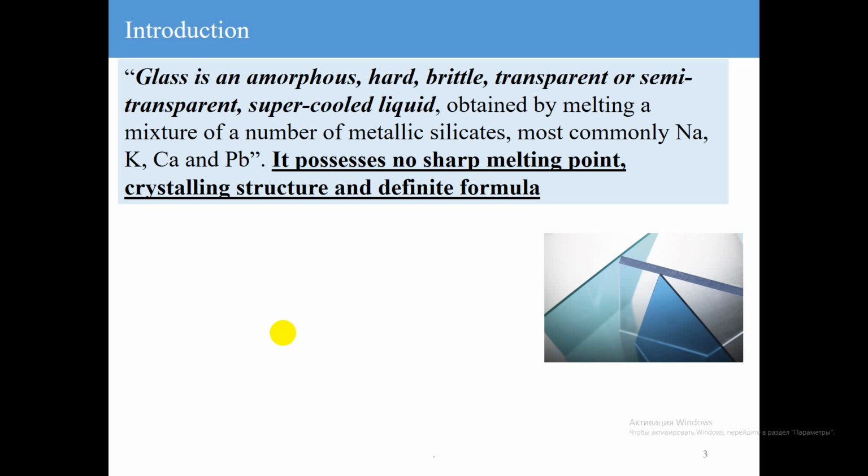So, what is glass? Glass is an amorphous, hard, brittle, transparent or semi-transparent, supercooled liquid obtained by melting a mixture of a number of metallic silicates, most commonly natrium, kalium, calcium, and plumbum.